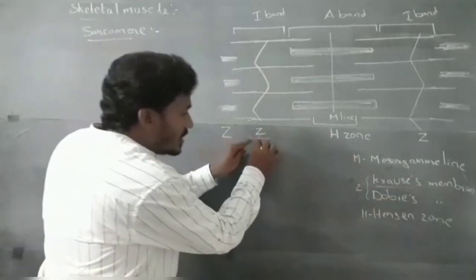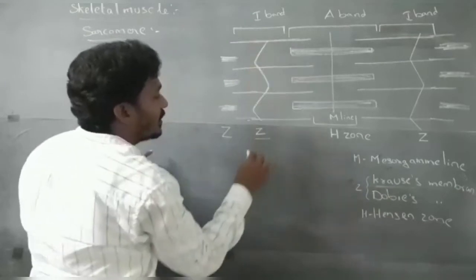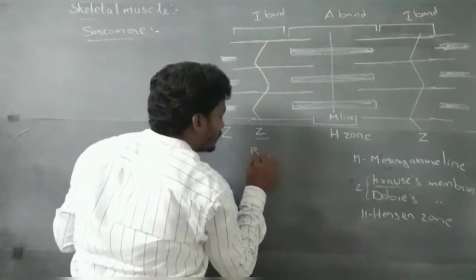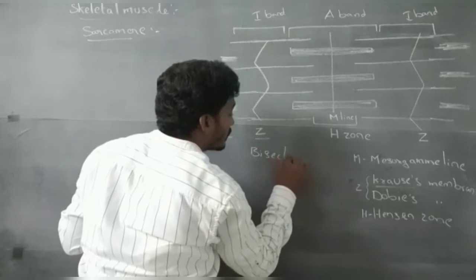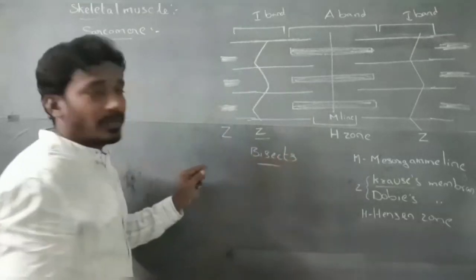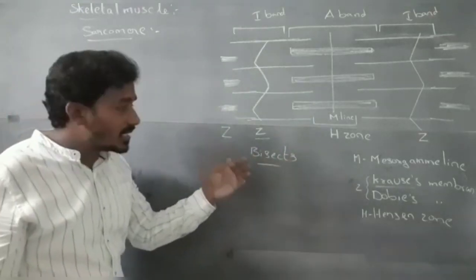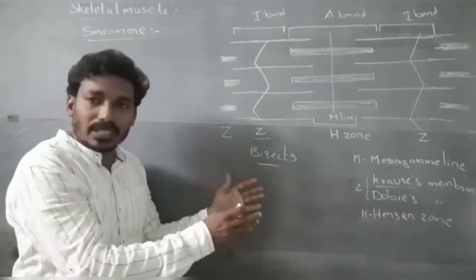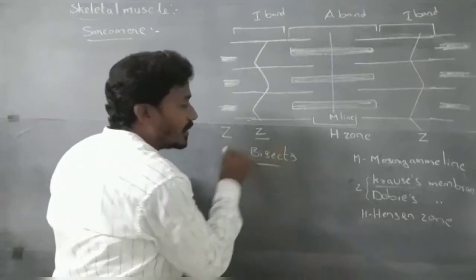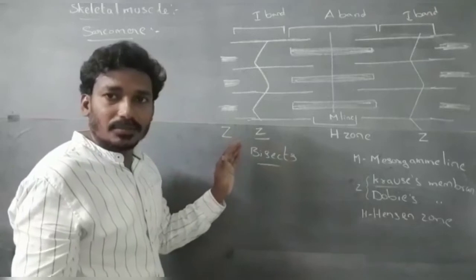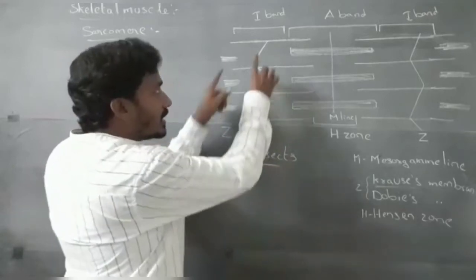This Z-line bisects the I band. The I band is bisected by the Z membrane or Z line.